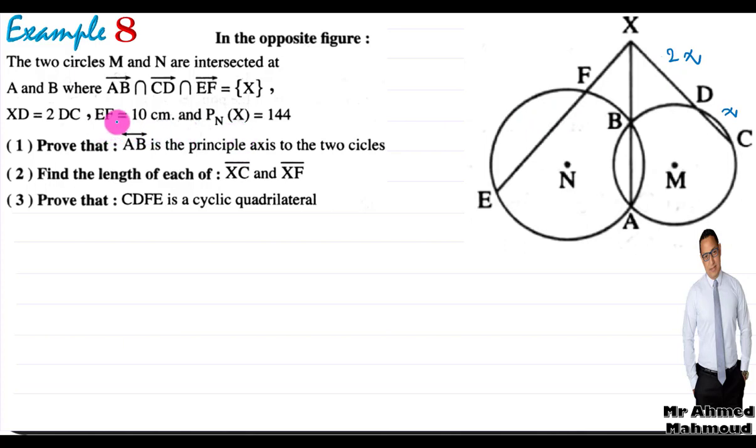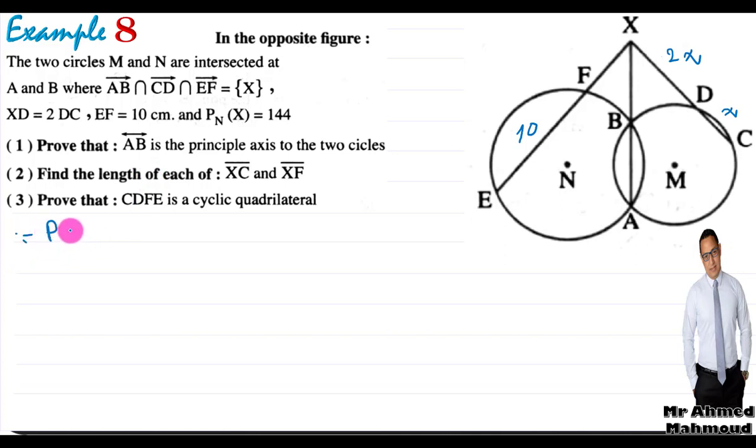And EF equals 10. First, prove that the power of the point X for the circle N equals 144. First, prove that AB is a principal axis.